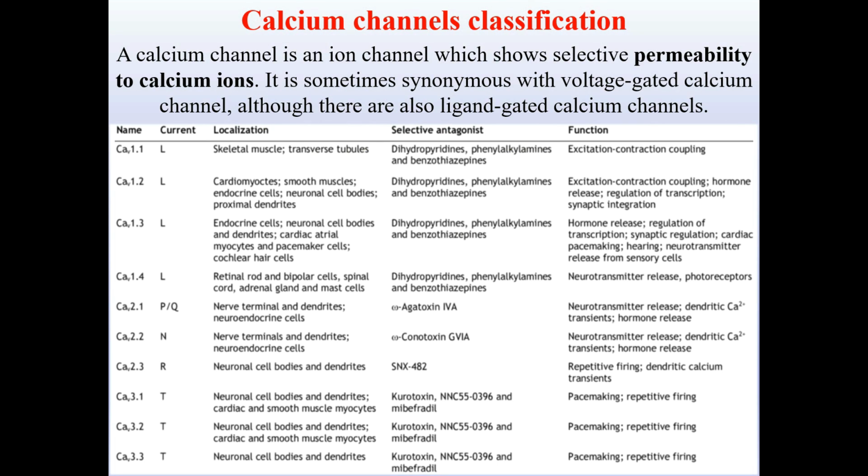Calcium channels classification. A calcium channel is an ion channel which shows selective permeability to calcium ions. It is sometimes synonymous with voltage-gated calcium channel, although there are also ligand-gated calcium channels. You can see here the types of calcium channels: L, PQ, N, R, T, with localization, selective antagonist, and function.